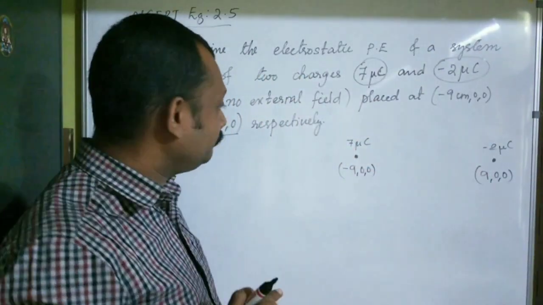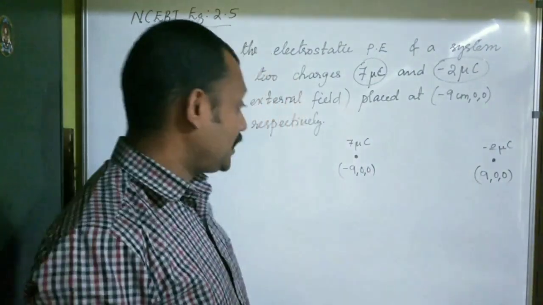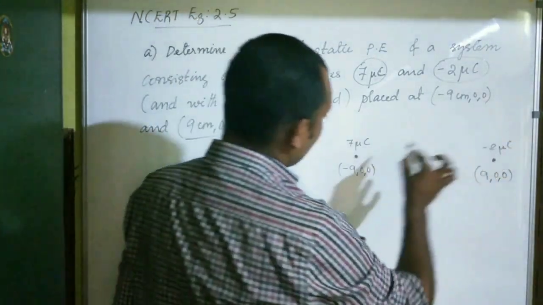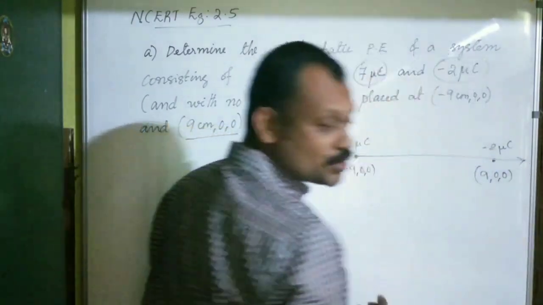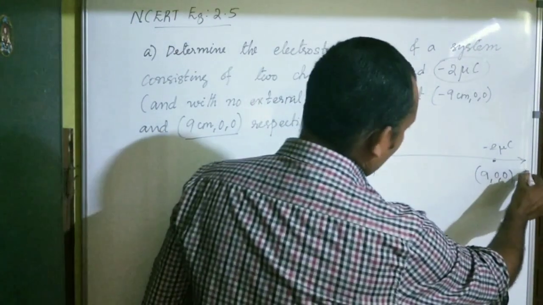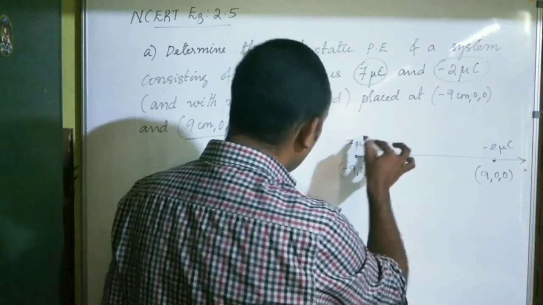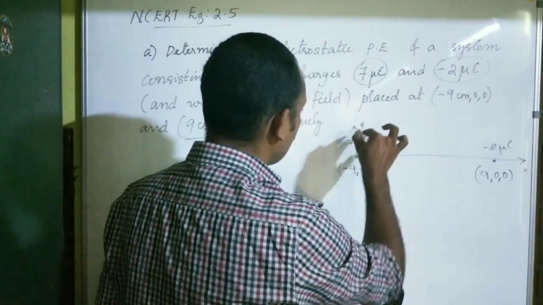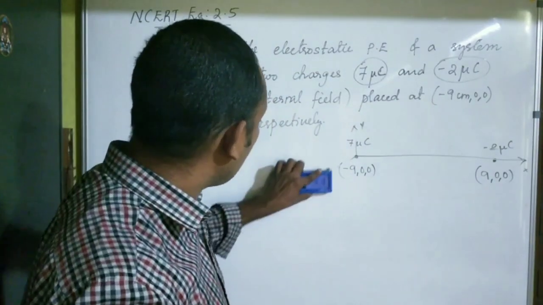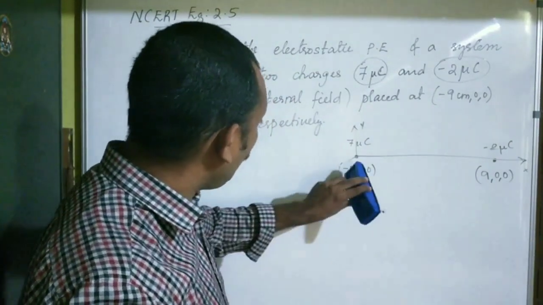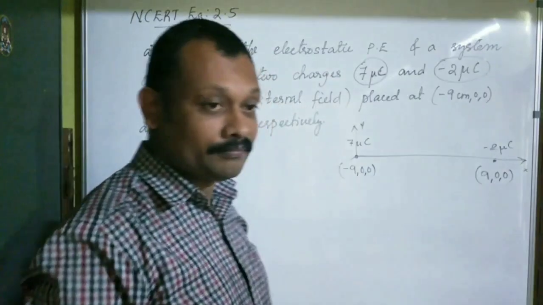That means, where are the charges placed? If you use the coordinate frame, this is the x-axis, then I have y-axis and z-axis, but I need not consider the y and z axes because you can see the coordinates are only x-coordinates.